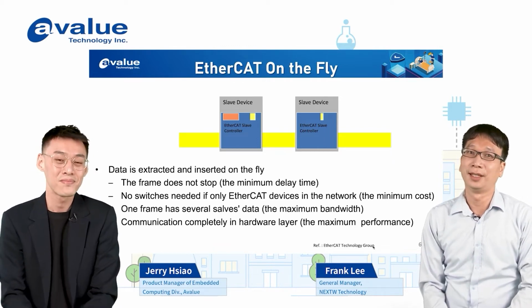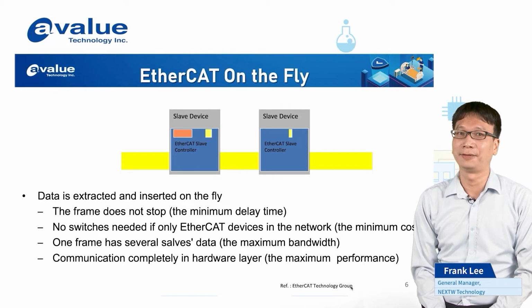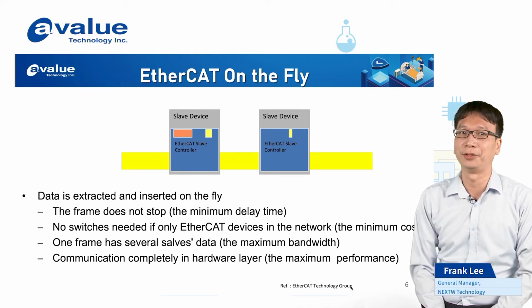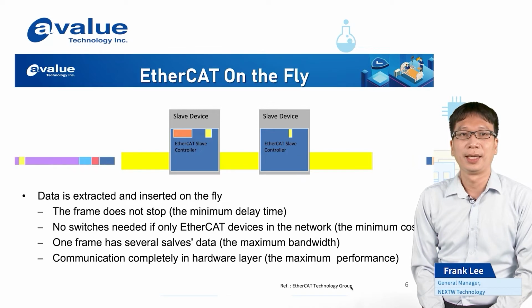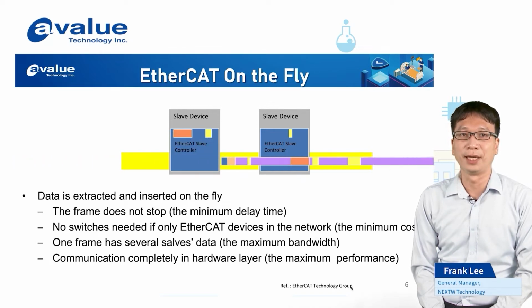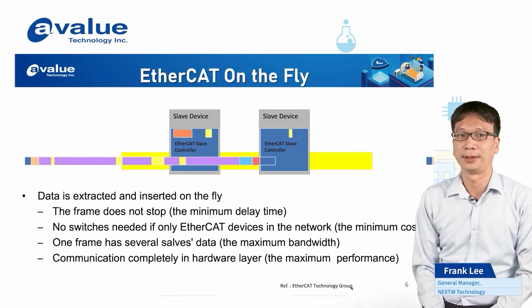Okay, sure. The word EtherCAT stands for Ethernet for Control Automation Technology. It is a technology based on Ethernet. Compared with general industrial communication solutions, EtherCAT has a unique functional principle called on-the-fly technology. It can reduce the impact of network transmission delays.